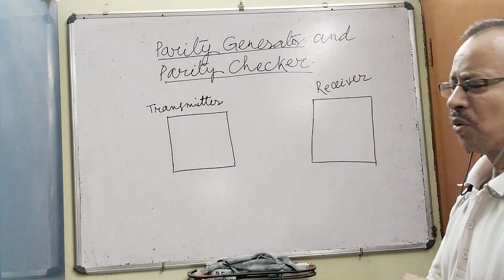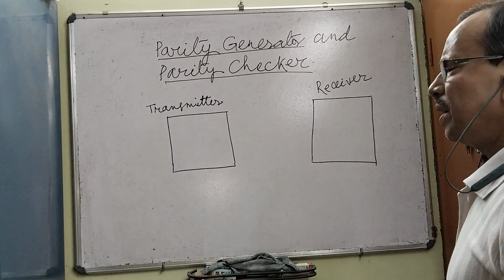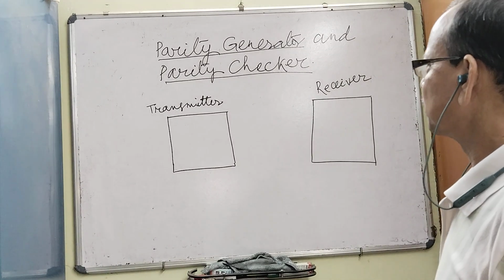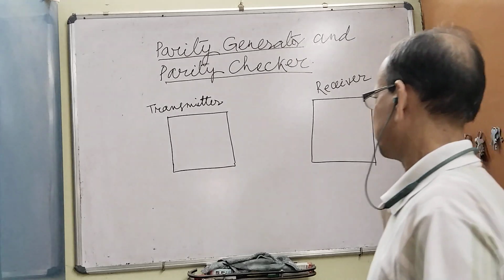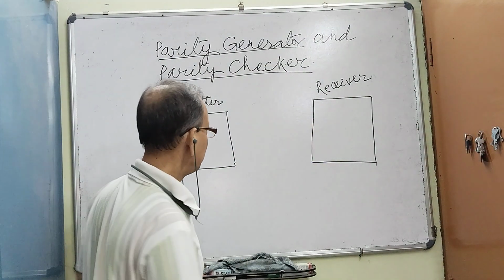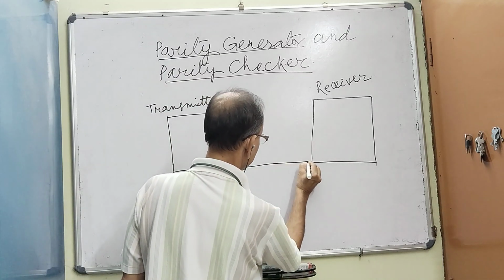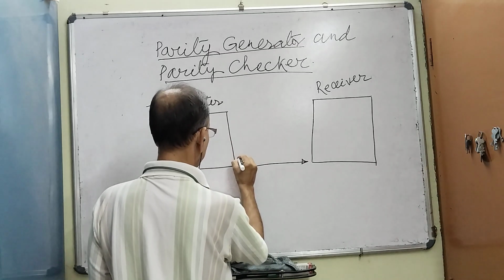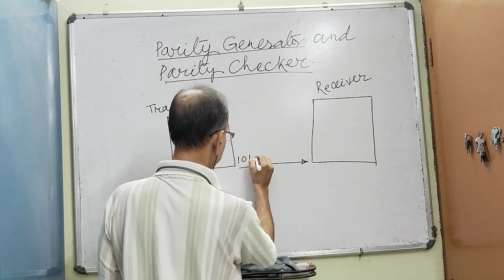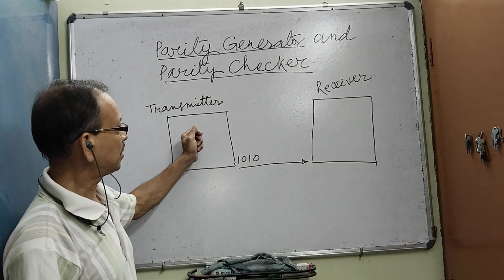So what are the needs in any data communication when you transmit from the sender to the receiver? You send a stream of bits like this, 1010, 4 bits, you transmit from here to here.